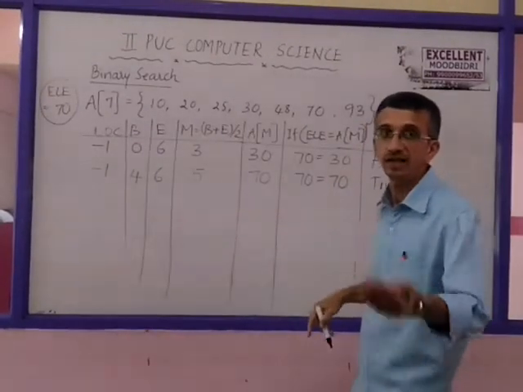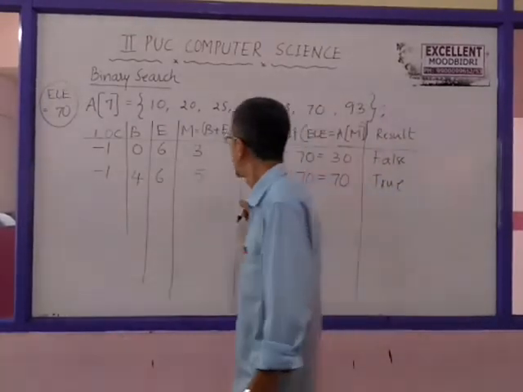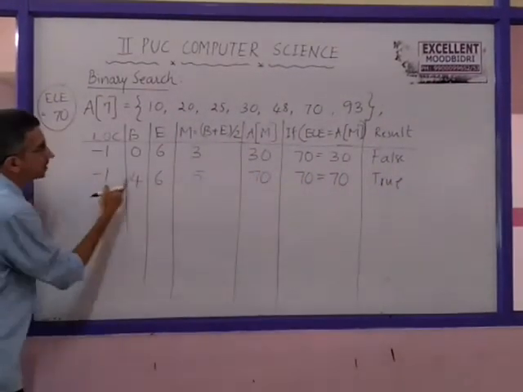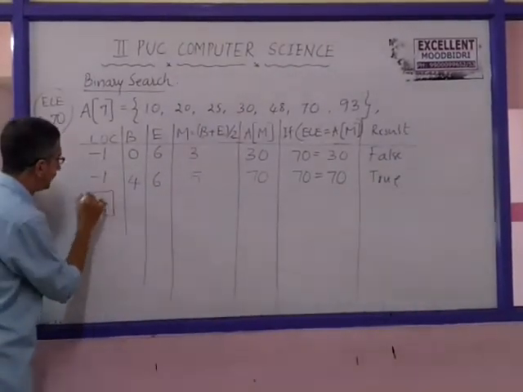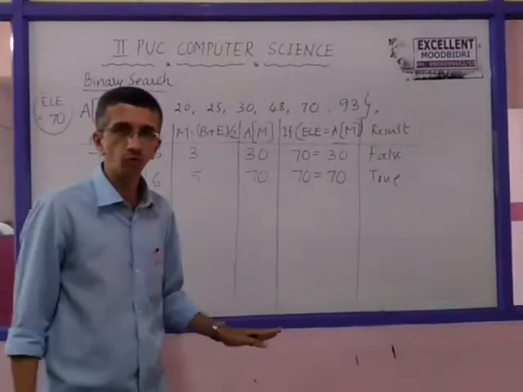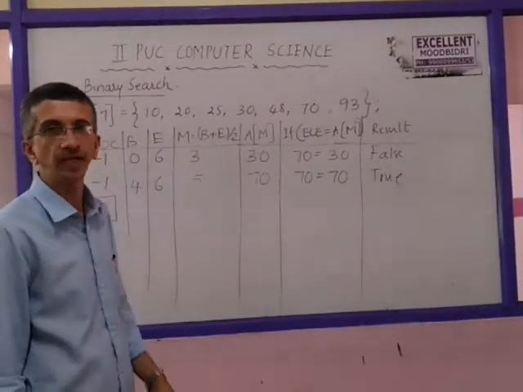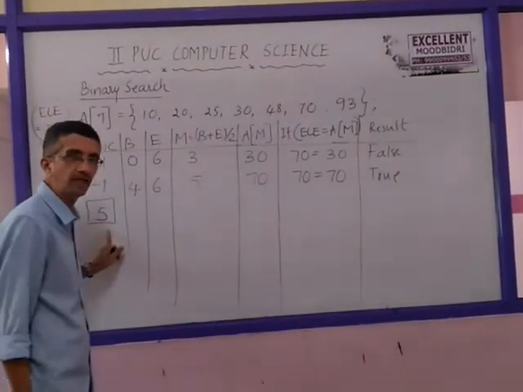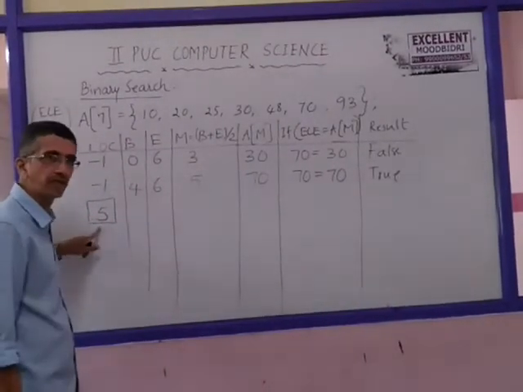If true, the statement inside that step is location is equal to mid. So now location becomes mid, 5. Then go to step 3, which just compares the value of location to display. Therefore the loop terminates because of the go to statement, and the location value is updated.